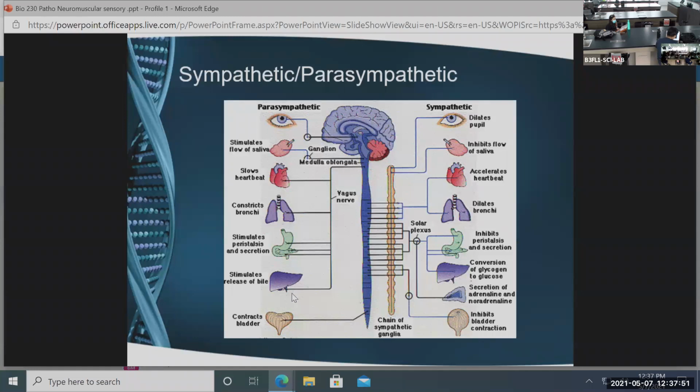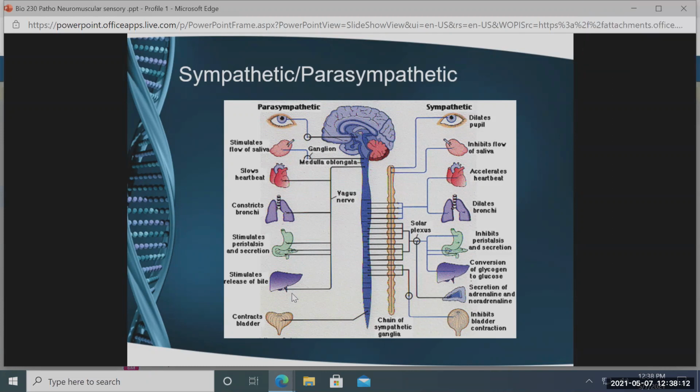And for the parasympathetic, there are no chains of ganglia. For the parasympathetic, the ganglia is called what? That's called terminal ganglia. Terminal ganglia for the parasympathetic.